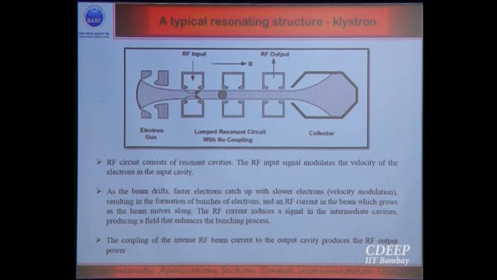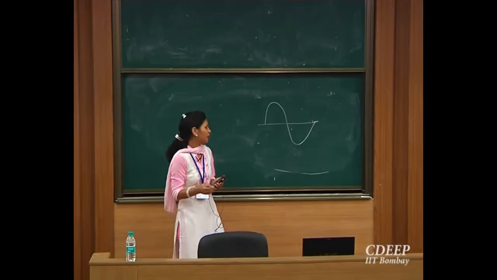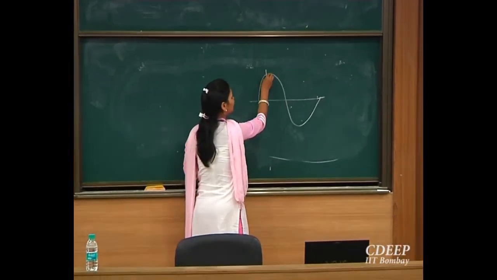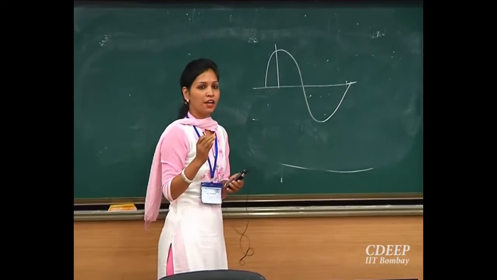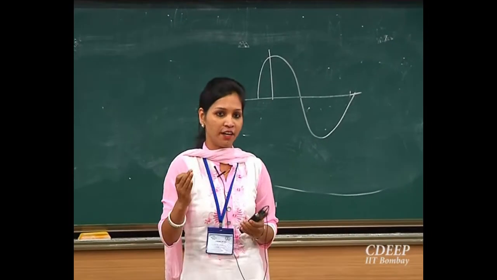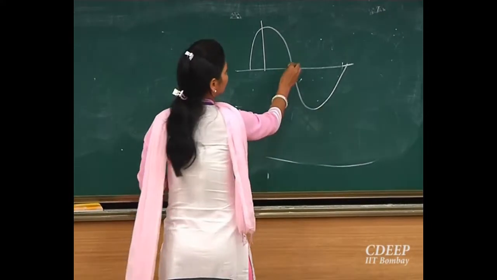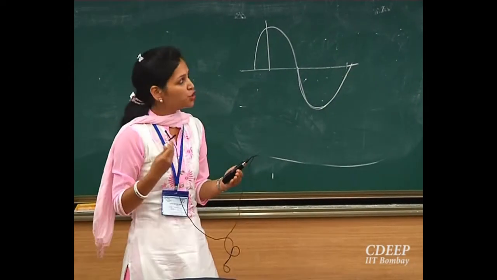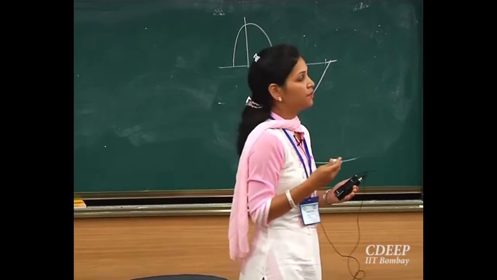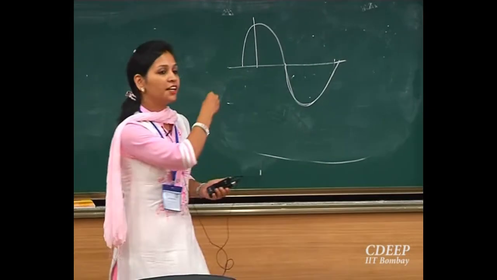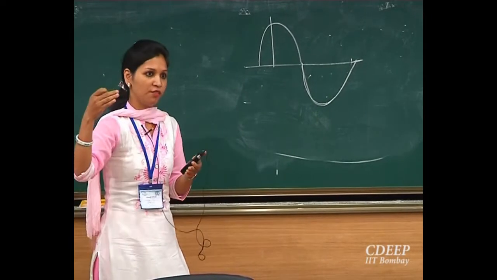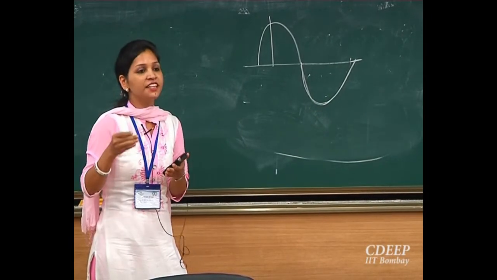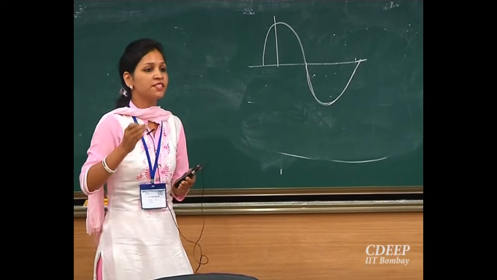There is a continuous beam entering the first cavity. Whatever beam enters in the positive phase of the RF cycle will get accelerated, and the beam in the negative cycle will get deaccelerated. If I go to the next cavity, what happens? This accelerated beam from the first cycle gets merged with the deaccelerated beam of the second cycle.